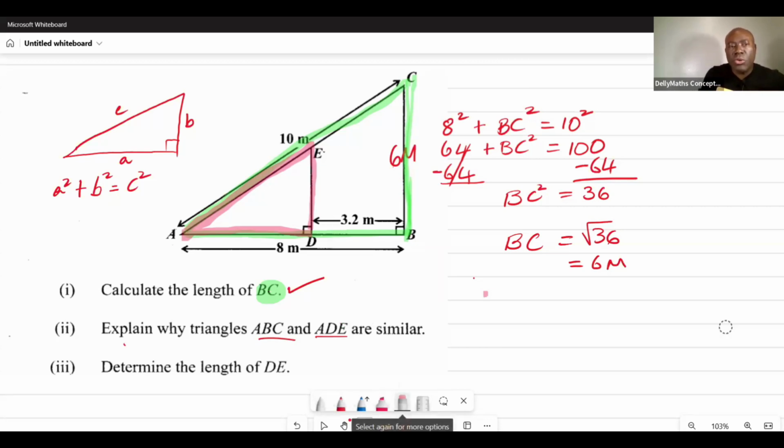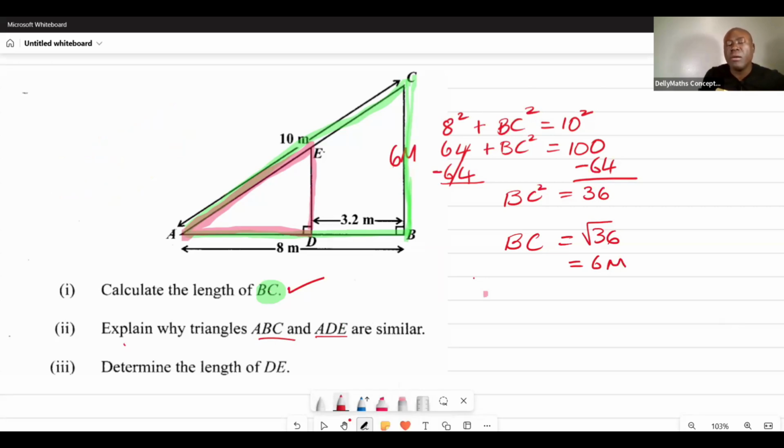Now, let us quickly look at the key things that make triangles similar. If the angles are the same, then they are similar. We're talking about having the same angles. First, you could see that we have 90 degrees here and 90 degrees here. So those are two angles, and they do share the angle at A. Because both of them have a 90-degree angle, and both of them share the angle at A, they are automatically similar.